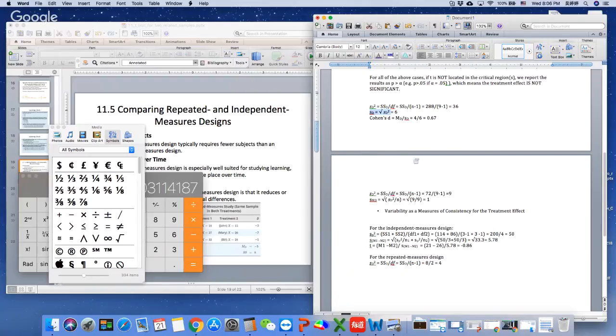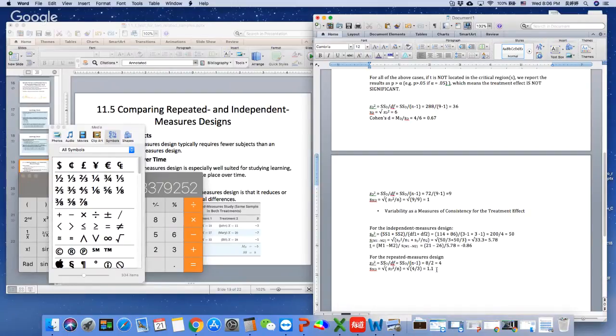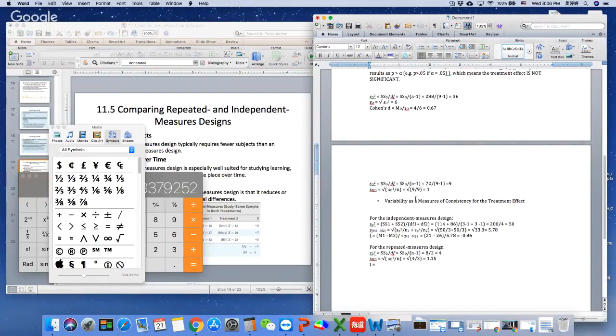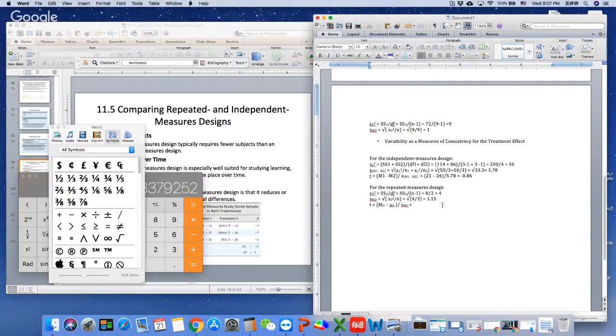And the SMD equals 4 divided by 3, which is 1.15, and the t equals, which is, here mu D we know is -5 divided by 1.15.